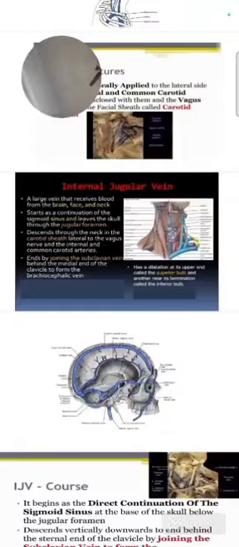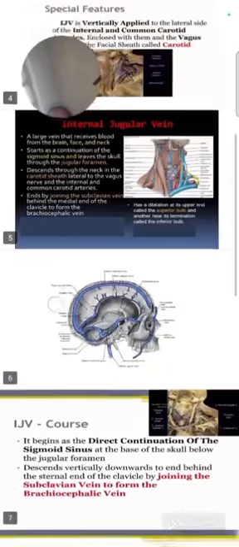So it ends by joining the subclavian vein just behind the medial end of the clavicle, and together it forms the brachiocephalic vein. So the subclavian vein joins with the internal jugular vein, and together they form the brachiocephalic vein.